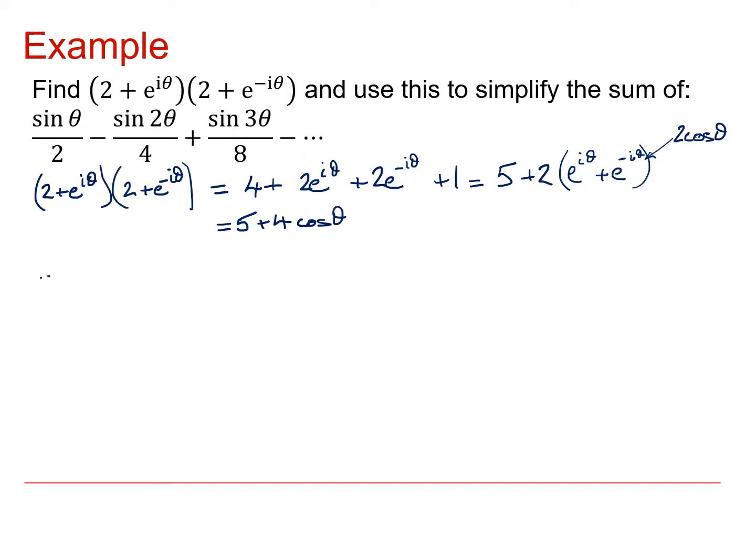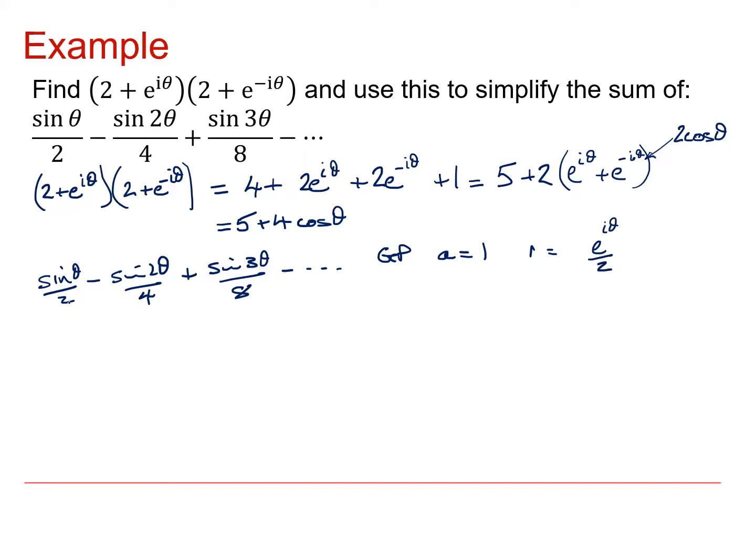Now let's have another look at this series here. So sine theta over 2 minus sine 2 theta over 4 plus sine 3 theta over 8, etc. We talked about that special series on the last slide, might involve multiple angles, and I think that this has come from a GP where the first term is 1 and the common ratio, rather than just being e to the i theta, I think it's going to be an e to the i theta over 2 type thing, hence we'll get these 2, 4, 8 and so on as we power up.